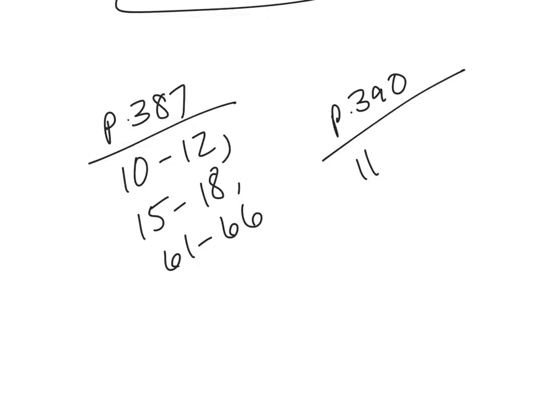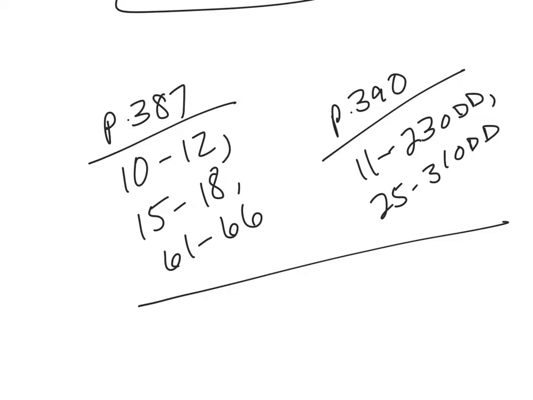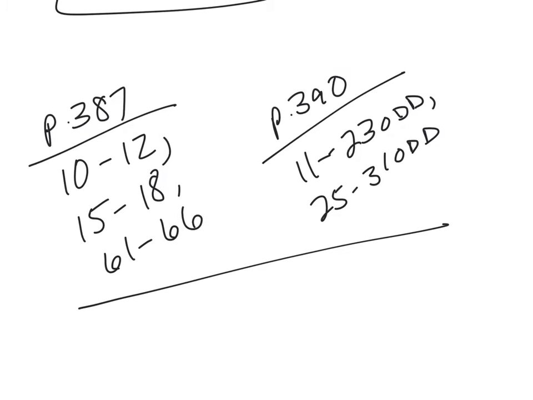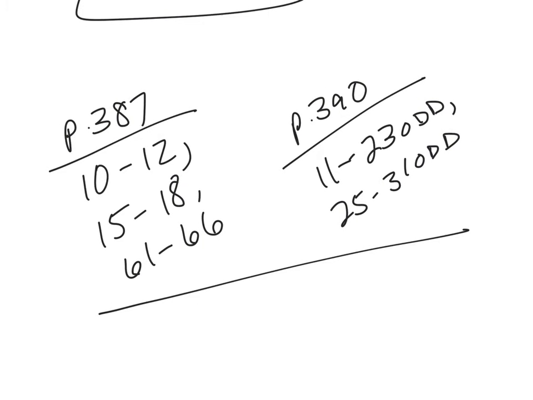So on that page, start on number 11, and you can go through number 23 and do odds. And then you can do 25 through 31 odd. And then we'll shut it down there on that one. Okay.